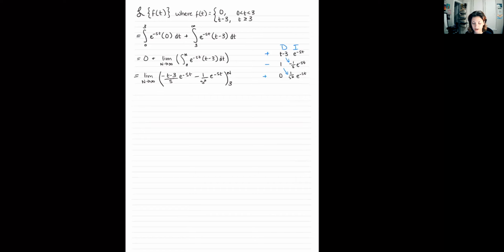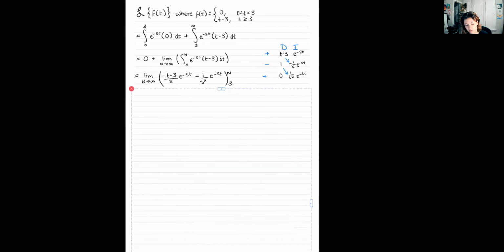And so again, I went ahead and took the limit, and first I multiplied my t minus 3 times negative 1 over s times e to the negative st. That's our first term, and then minus, that's just going to be 1 times 1 over s squared times e to the negative st. And again, that's going to be from 3 to n as n approaches infinity.